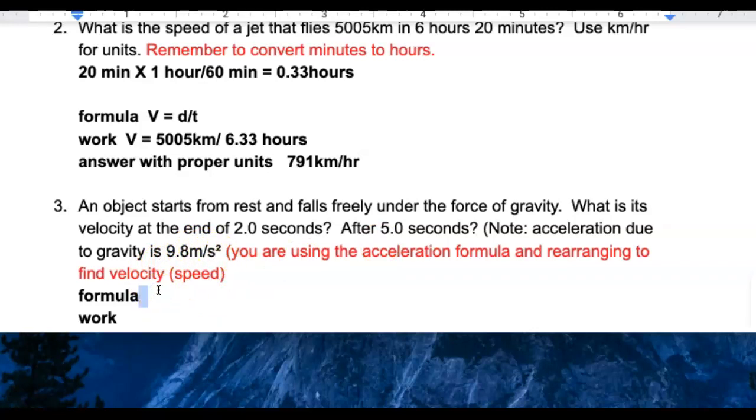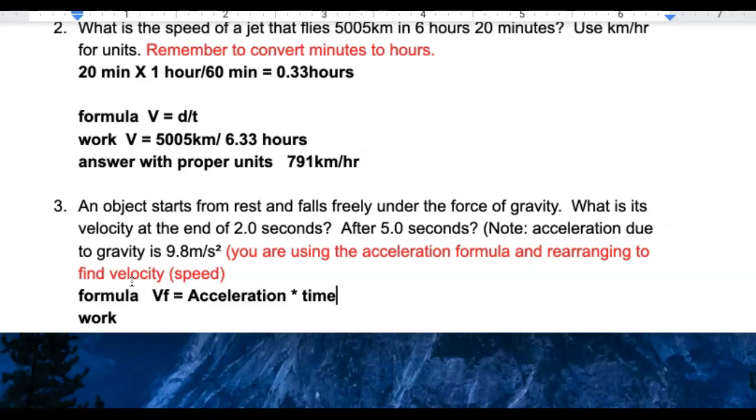So if I am looking for final velocity, that means v of f minus the initial, which is 0, so 0 on either side, big deal, is going to be equal to acceleration times time. Okay?